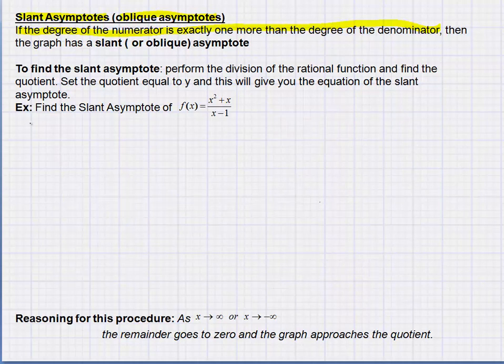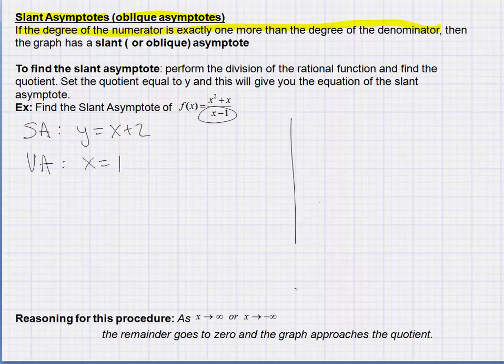So if we look at this function, it has a slant asymptote y equals x plus 2. You can see that the vertical asymptote is going to be x equals 1. So if I put those two things together, here's 1, this is my vertical asymptote. y equals x plus 2 is the slant asymptote.